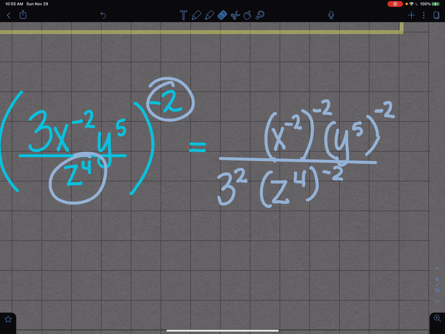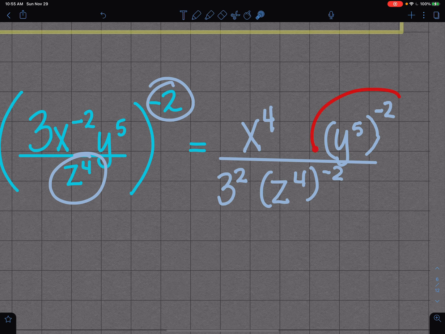Okay? Everything else, let's just multiply it out. Okay? What about this x to the -2 raised to the -2? So -2 times -2 is 4. So this can just change to x to the 4th.